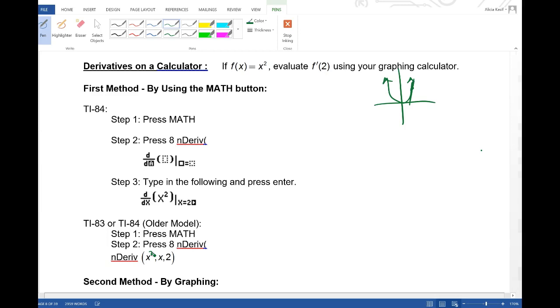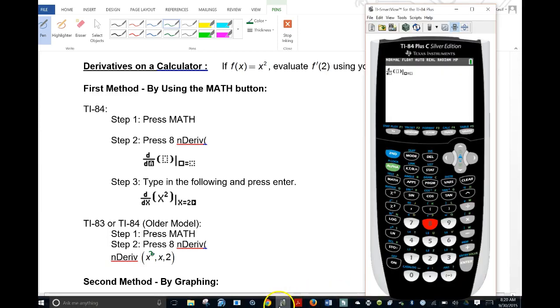So it's blinking right here. You're going to just type in the variable X. Is it always going to be X? What I will tell you is the letter doesn't matter as long as the letter that you use here, here, and here are all the same.